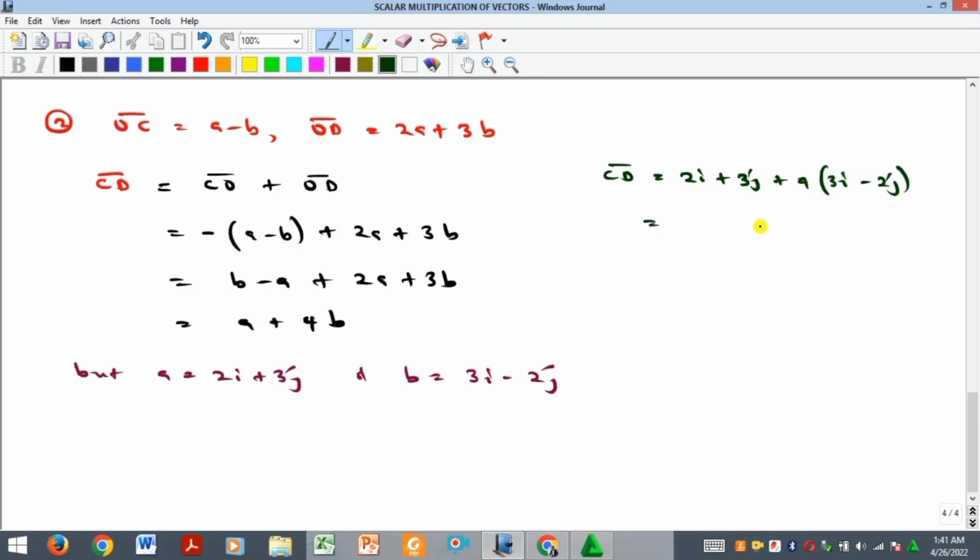And here we are going to apply scalar multiplication, which is going to help us produce our final result. That's going to be 2I plus 3J, this is going to be 12I minus 8J. And that's going to give us this plus this is 14I, and then this minus this is minus 5J. And that is the final solution for our CD as required.